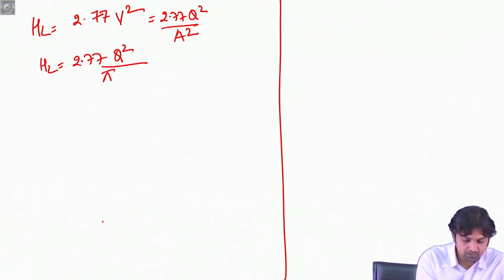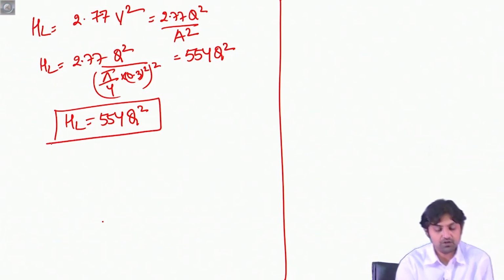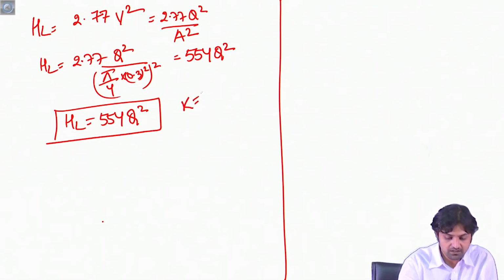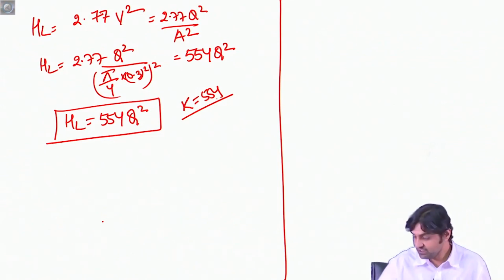Area is nothing but pi by 4 into 0.3 whole square. So this comes to be 554 Q square. So you see, this is our expression for HF or HL, where K is 554, which we have derived because all the properties of the pipe were given.